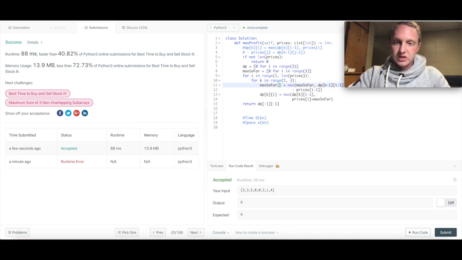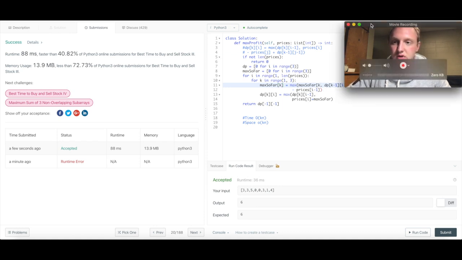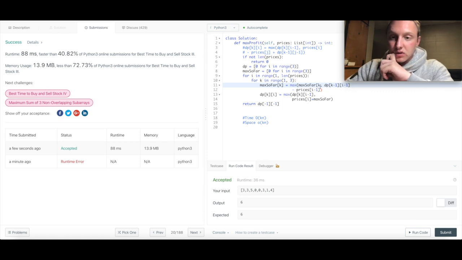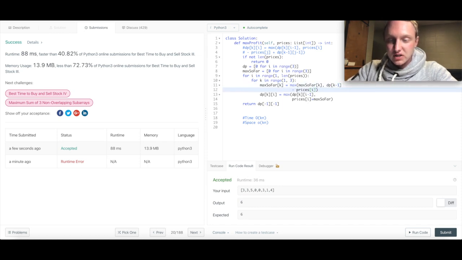We would have max so far k. Here we would get rid of k minus 1, which would be prices i, if I'm not mistaken.